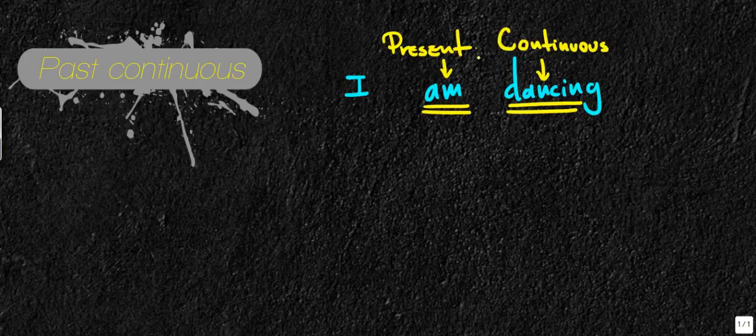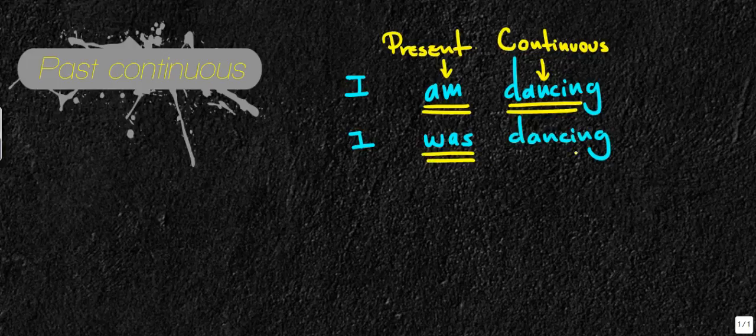So if we want to make a past continuous sentence, the solution is pretty obvious. All we have to do is change the present part of the sentence and put it in past. So now, if I change this sentence into past continuous, I would say, I was dancing. Alright? So again, we have the same situation.